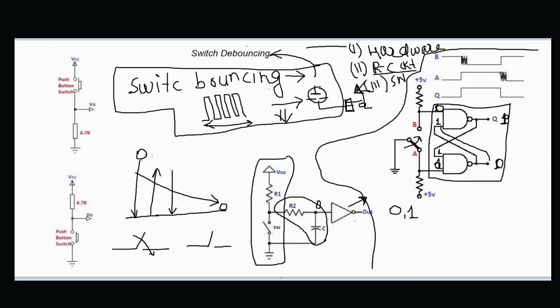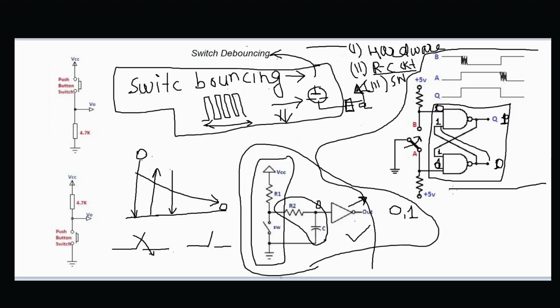Now you might be thinking where the switch bouncing is coming in. So let's understand. When this switch collides, or there is switch bouncing, the capacitor will hold the voltage when it reaches either VCC or ground. So it will hold the voltage, and the output will remain stable. And that is how you can control switch bouncing. So this is also a very important topic.